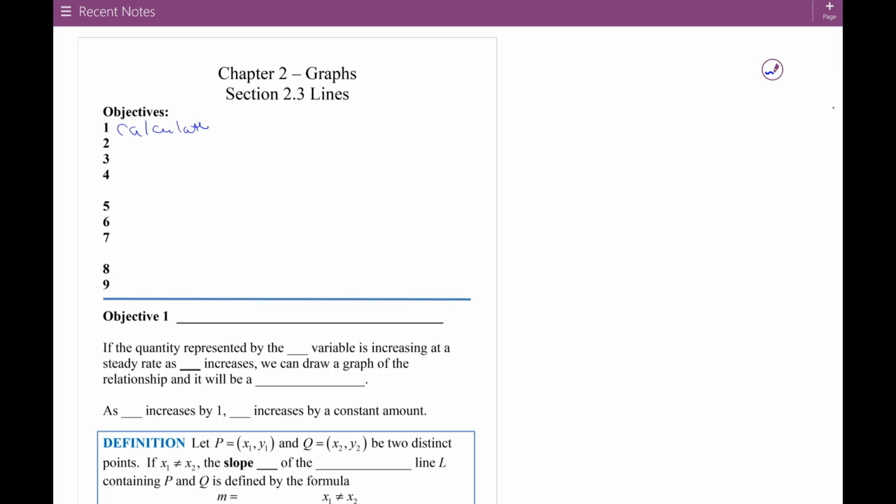So the first one is to calculate and interpret the slope of a line. The second one is to graph lines given a point and the slope.